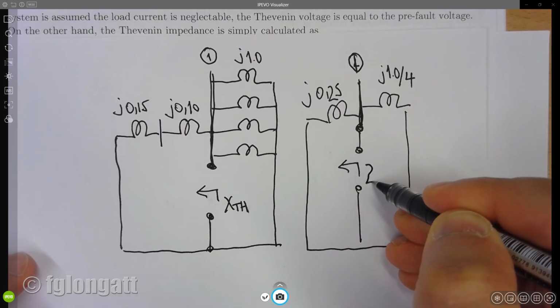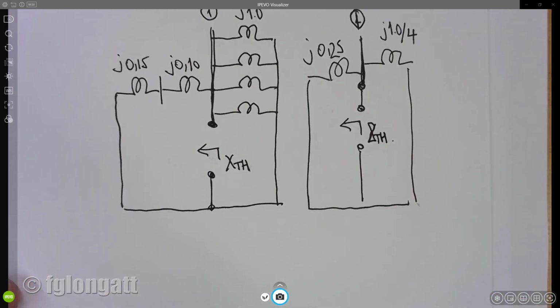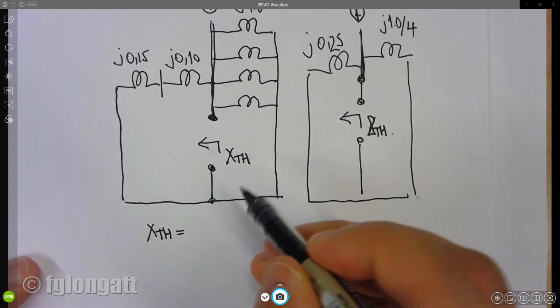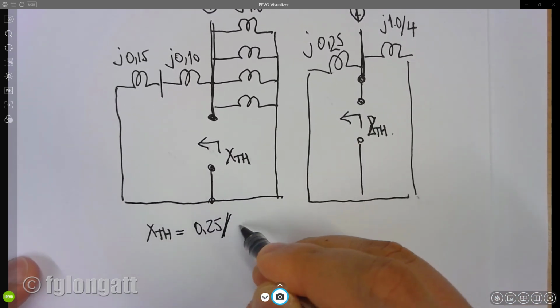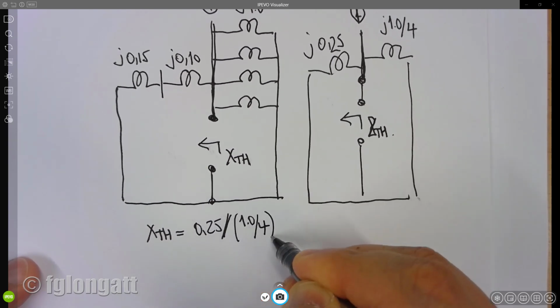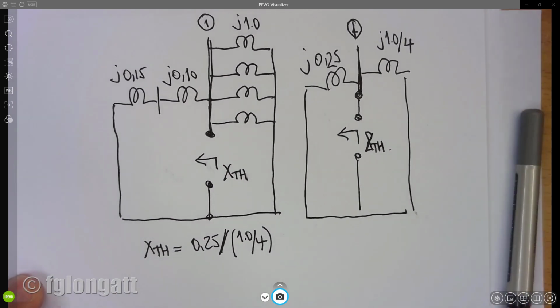And all my clever students must realize that the Thevenin reactance in this case will be 0.25 in parallel with 1.0 divided by 4. Yes, that is the Thevenin equivalent.